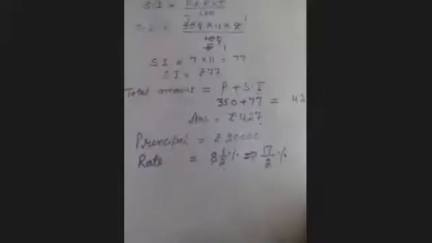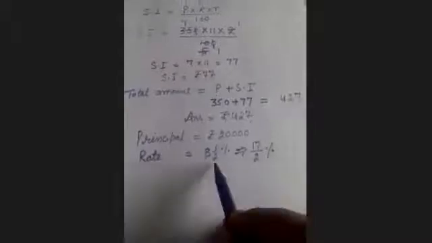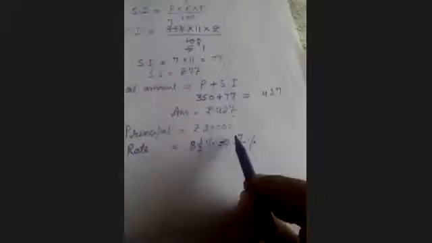Now students will solve. 2, 8 are 16 plus 1, 17. So rate of interest is 17 upon 2%. Clear students? So here now rate of interest is 17 upon 2%.